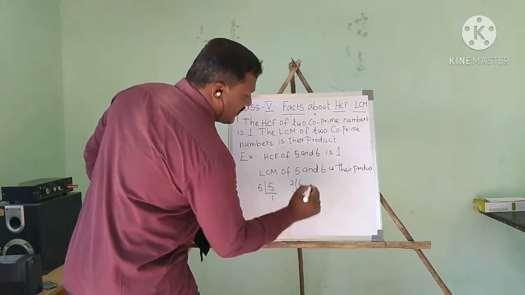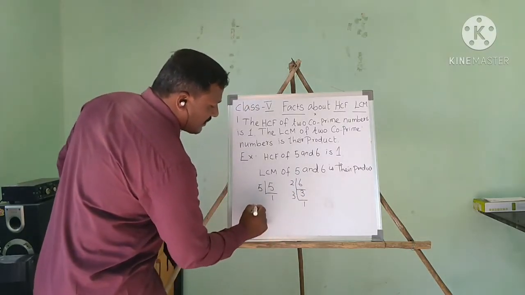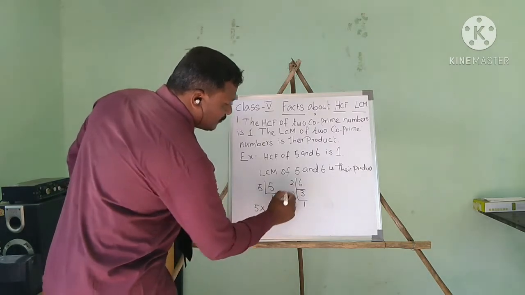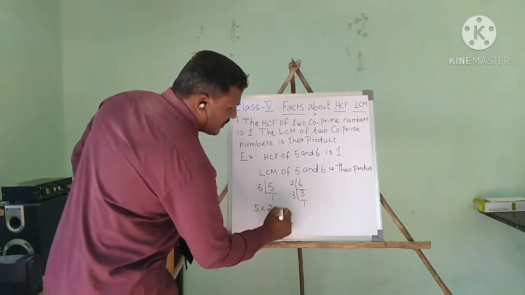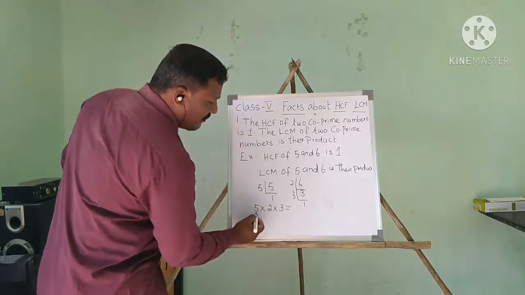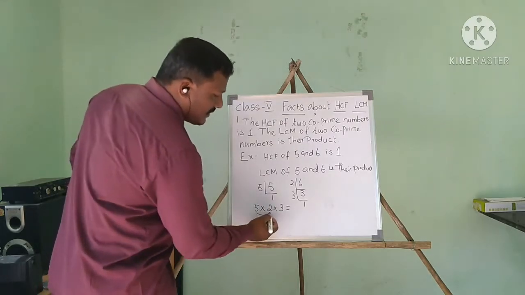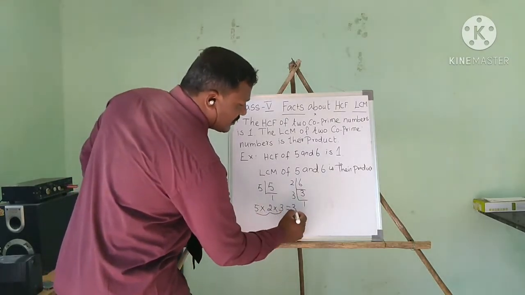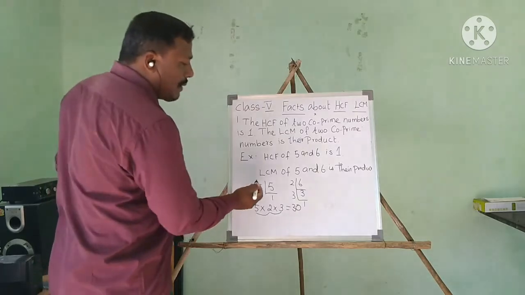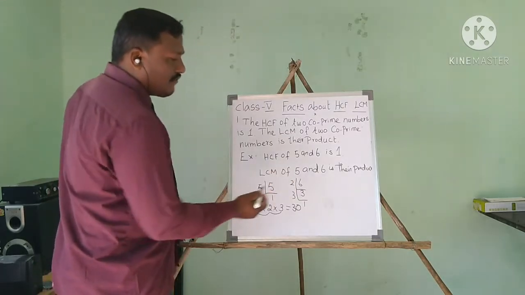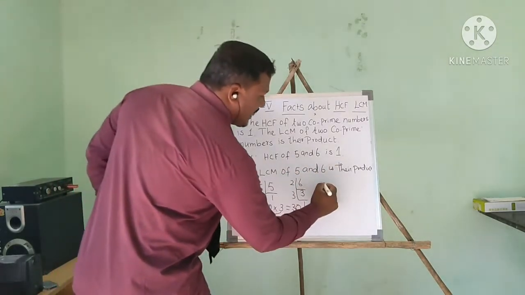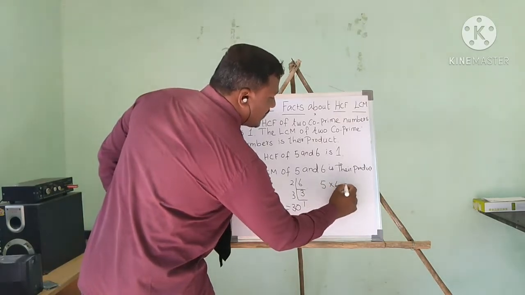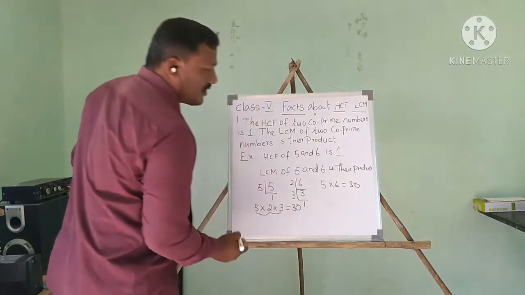3 1s are 3. So if you collect the factors, here 5 into 2 into 3. 5 2s are 10, 10 3s are 30. So 30 is the least common multiple of 5 and 6. If you multiply directly 5 into 6, you get 30.